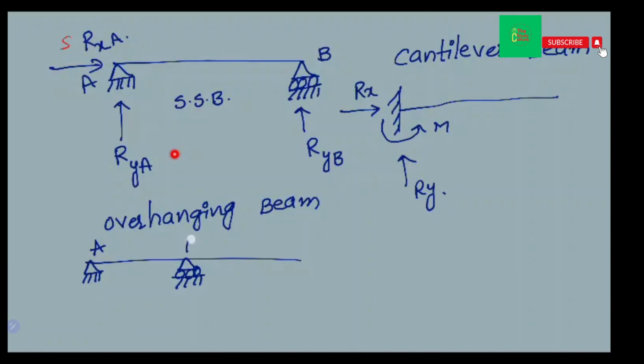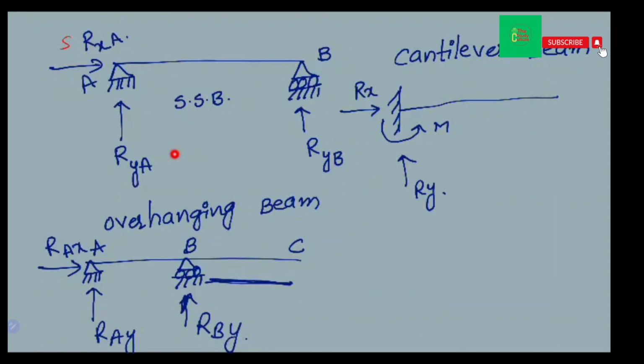This is A, this is B, and this is C. This space is overhanging after the support B. It has reactions RAX, RAY, and RBY.